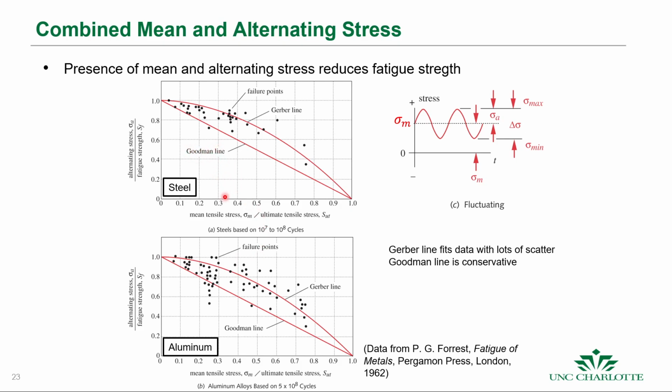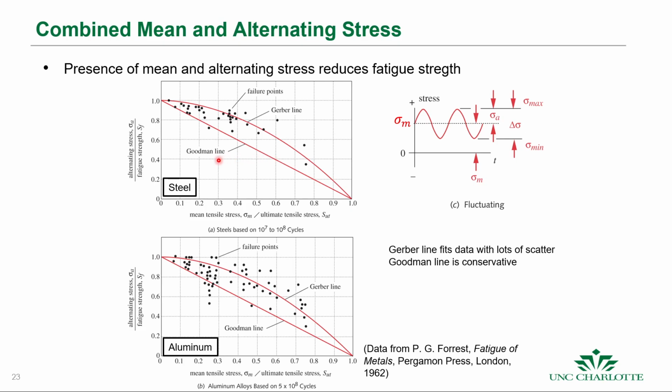Let's say we had a normalized mean stress of 0.3 and a normalized alternating stress of 0.4. Now the question is, how do we calculate the safety factor for this design? How close are we to this line? It turns out if the mean stress is going to change, but the alternating stress is not going to change, then the safety factor has to do with this distance.